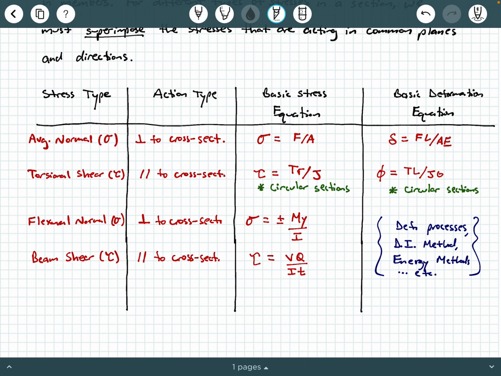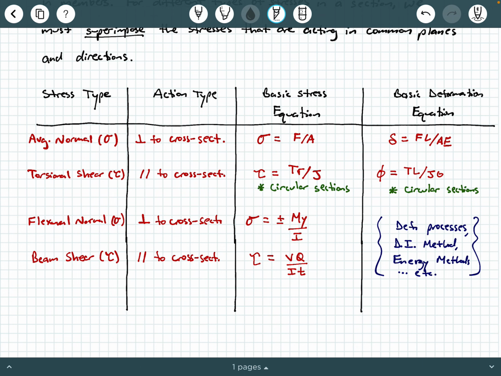Even though I've only listed 4 stress types, there are more than 4 stresses that you can encounter in mechanical and civil engineering applications. These are just the 4 most common stress types that we see over and over again. So this table could definitely be expanded. This is just meant to be a basic introduction to the idea of combined loading. Let's go through each one of these items real quickly together.